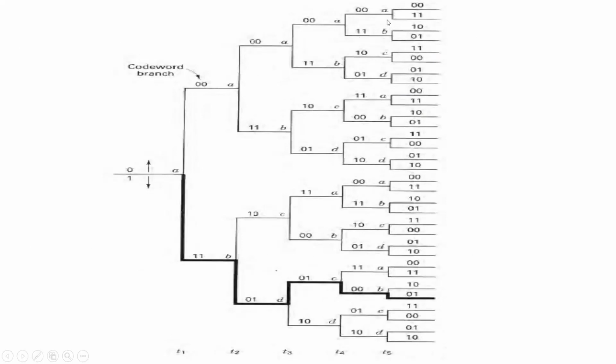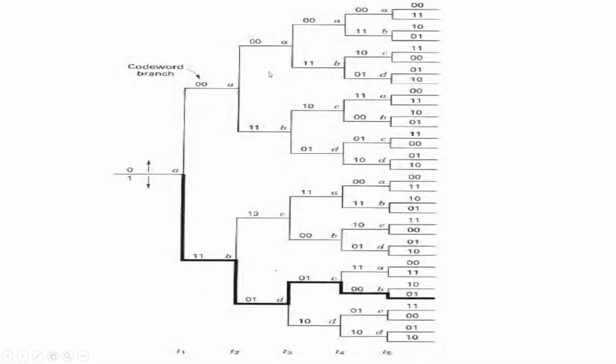What I can do is merge these states. This A, I can merge with this A. This B, I can merge with this B. So the upper portion of the tree structure can be merged with the lower portion of the tree structure. When you merge, this is important, a new structure takes shape.